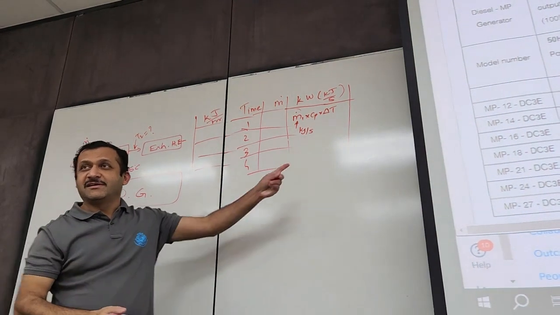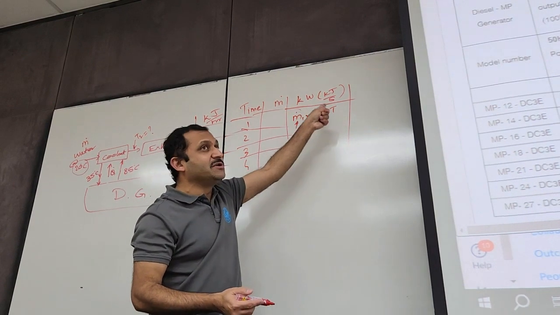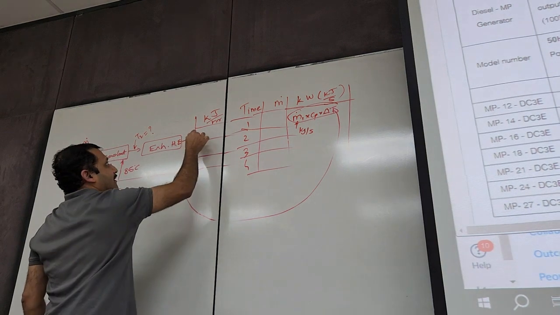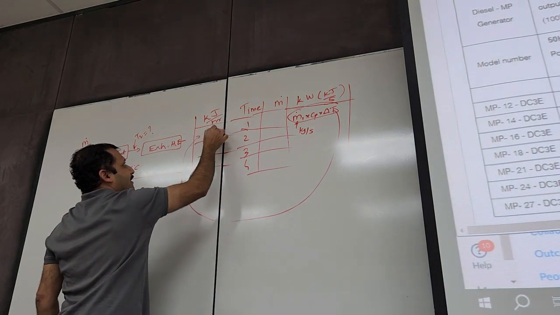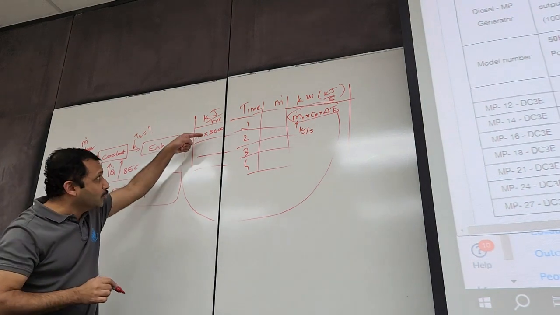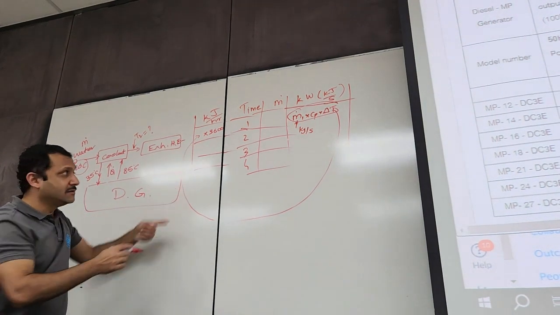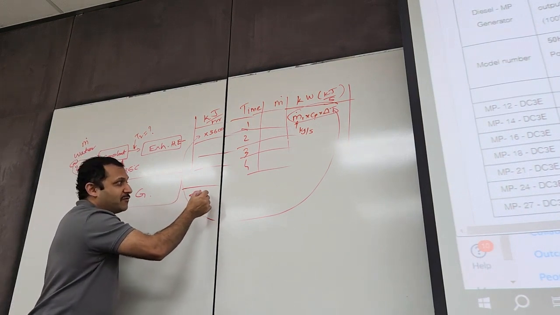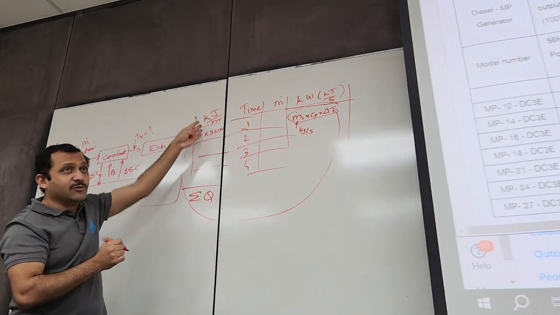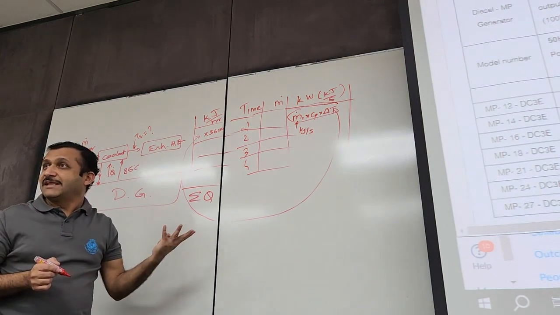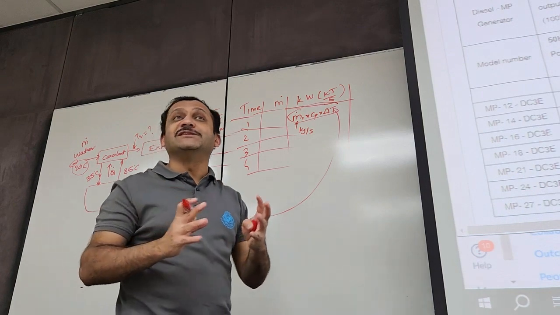Multiply with 3600. Whatever number you get here, multiply that. Everyone with me? You do that for every hour. Do a sum of Q for the whole day, right? That will give you the total amount of thermal energy you need.